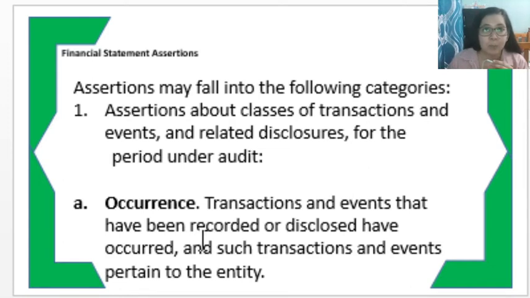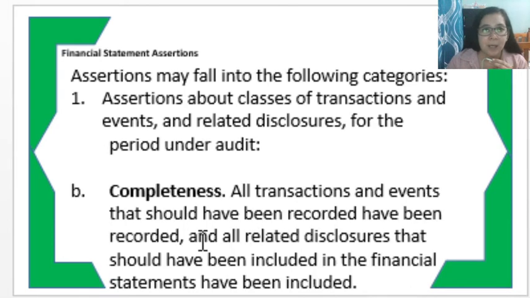Okay, and most especially if these transactions relate to and are the business transactions of the entity and not of the other parties. And this should also be a recordable transaction or event. Okay, so in this type of assertion, occurrence means that whatever is recorded in the books of the entity has actually occurred and is appropriately a business transaction of the entity.